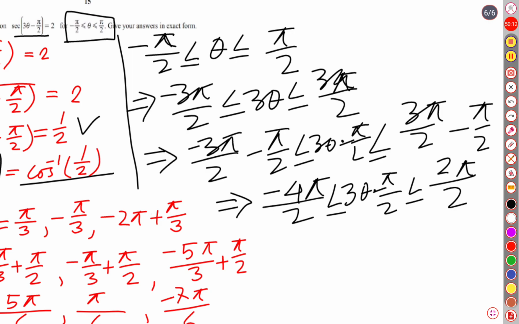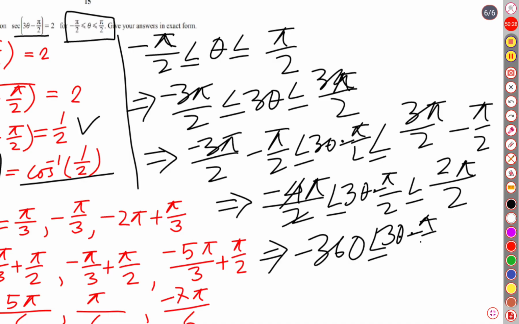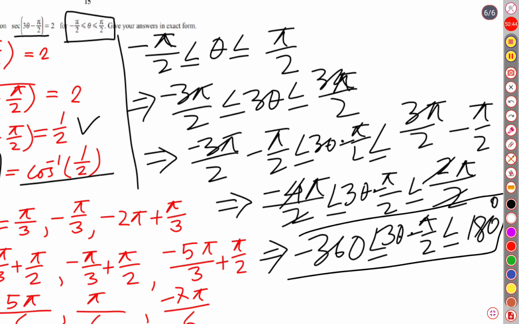If we convert it into degrees, it is going to be negative 2π, which means negative 360, up to positive π, and π means 180 degrees. So our domain is ultimately from negative 360 to positive 180.